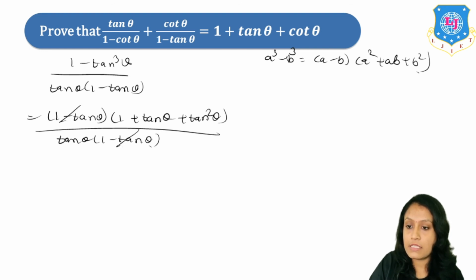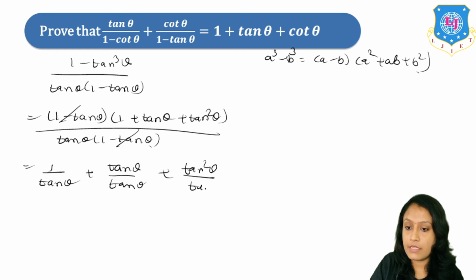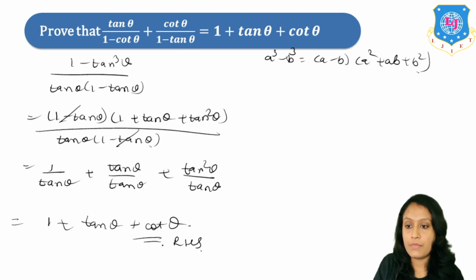This will get cancelled. And just individually divide it, so this is 1 upon tan theta plus tan theta upon tan theta, and lastly tan square theta upon tan theta. Now this tan theta cancels, so we get 1 plus tan theta, and 1 upon tan theta is cot theta. So this is your RHS.